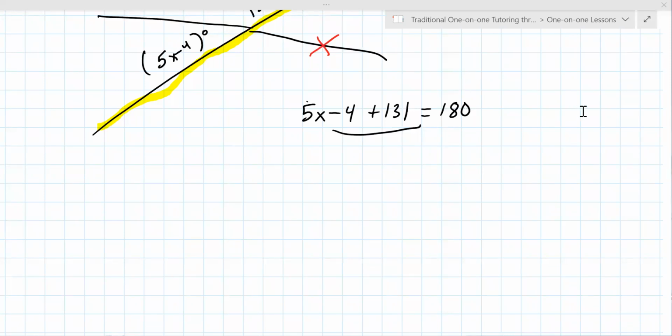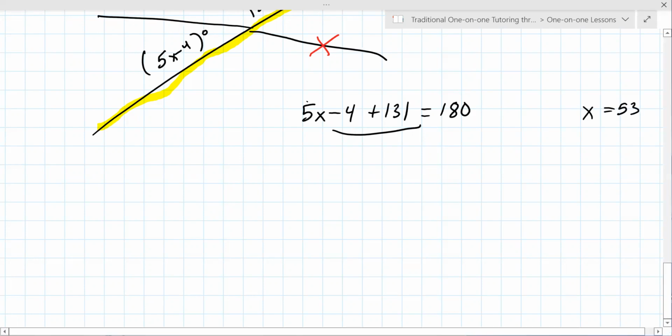X equals 53. Okay, what is minus 4 plus 131? That is 127. Okay. Did you then subtract 127 from both sides?